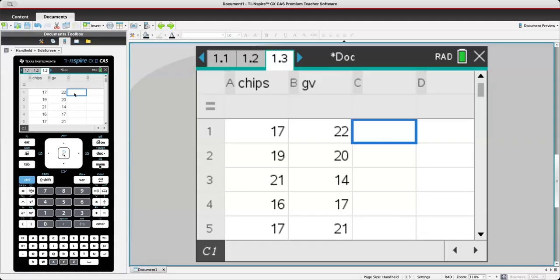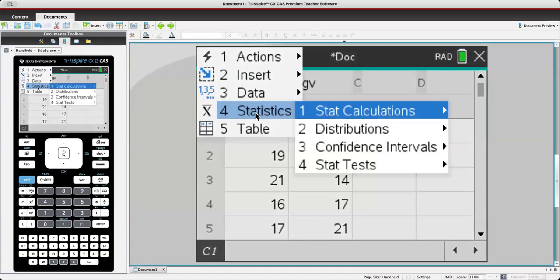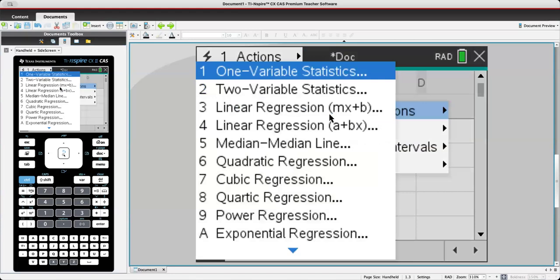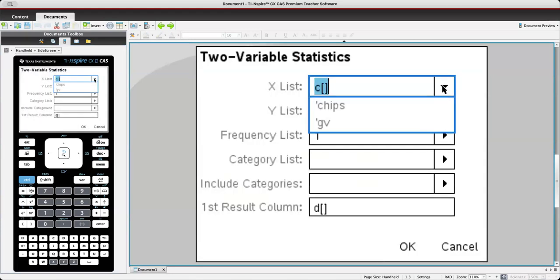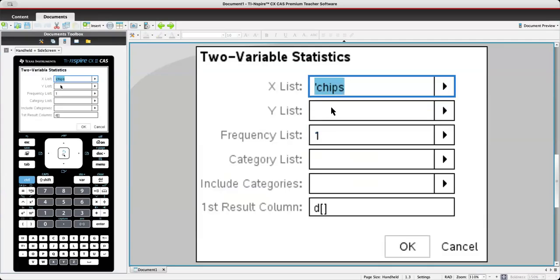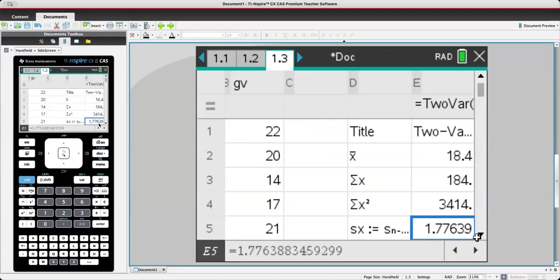So I'm going to go to menu, statistics, stat calculations, and do two var stats, and then select my variables there for each one. So I got chips and I got Great Value, and I hit OK. And so I'm going to get X bar. That's going to give me the mean of the Chips Ahoy, and S sub X is the standard deviation.